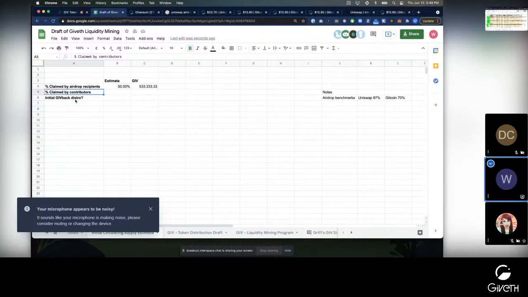After the airdrop but before the givebacks program, we should probably do a nice little fat donation, like a reward for them. Maybe 100%. Ooh, I like that. Anyone who donated on Giveth during that time gets 100% of their money back in give tokens. That'd be really cool.